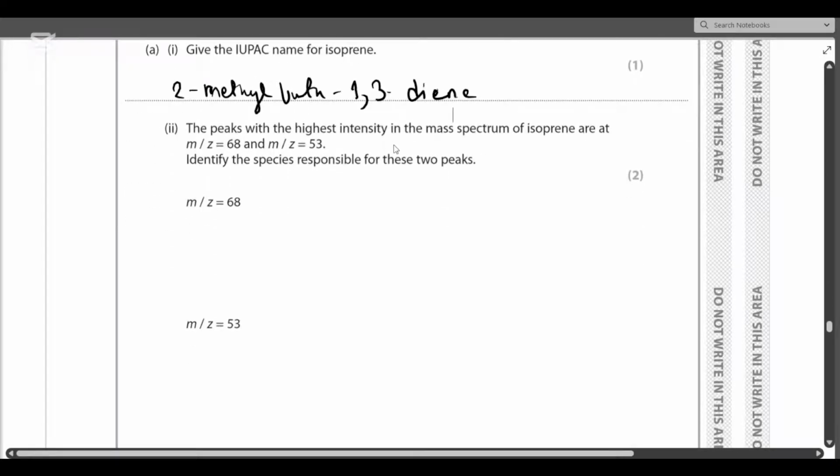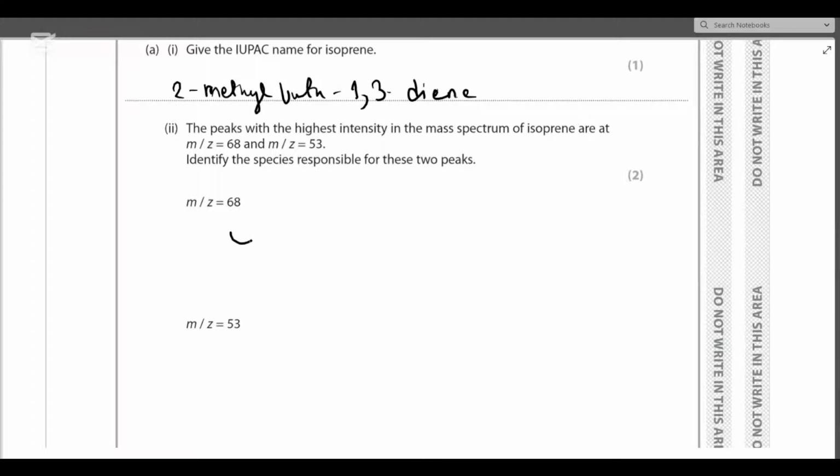The peaks with the highest intensity in the mass spectrum of isoprene are at mass to charge ratio of 68 and then 53 respectively. So what might it be? The first one is pretty simple. You can just write it down as CH2 double bond C, the methyl group is coming down here, which is obviously connected with CH2Cl.